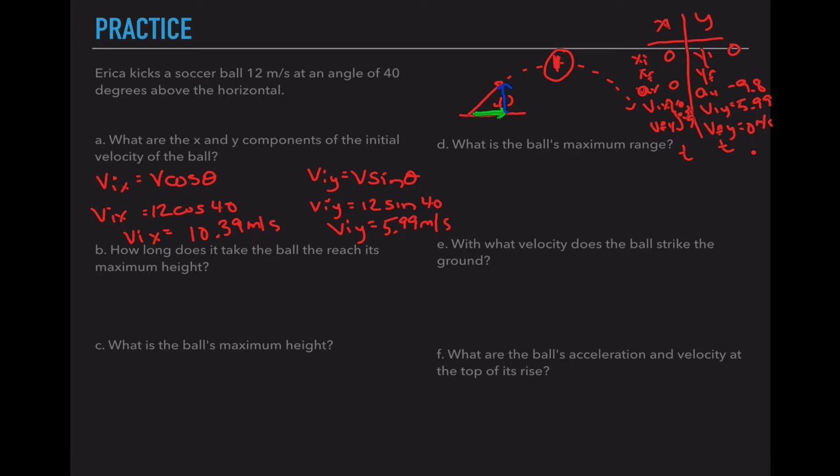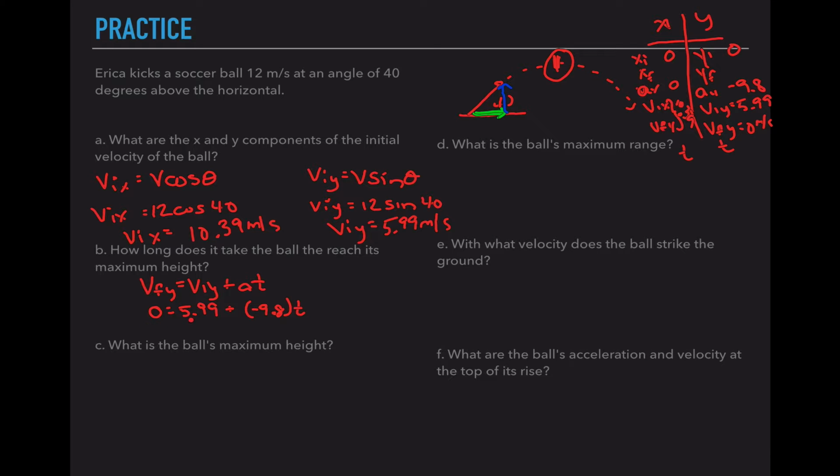Okay? So, I'm going to go back to my kinematics equations, and I'm going to use vfy equals viy plus a times t. Because I have vfy, I have viy, I have a, but I don't know time yet. So vfy is 0, viy is 5.99, a is negative 9.8, and t is my unknown.